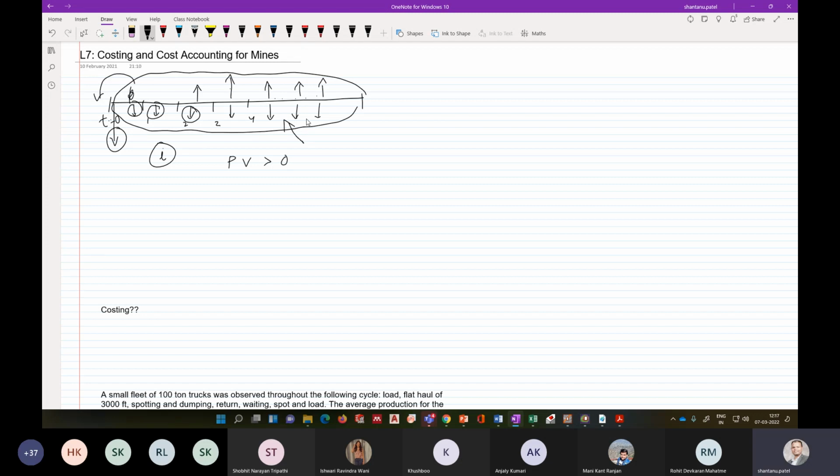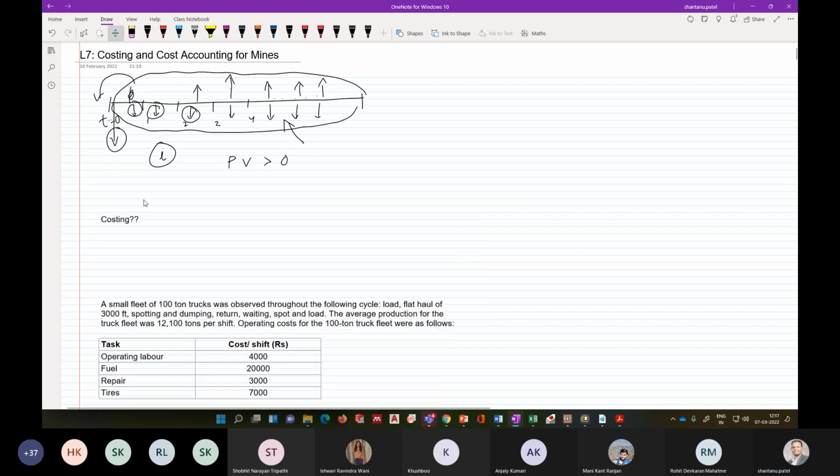What costing means is assigning cost to an element. So how do we assign the cost to different kinds of elements? We will look into the different elements of these costs.